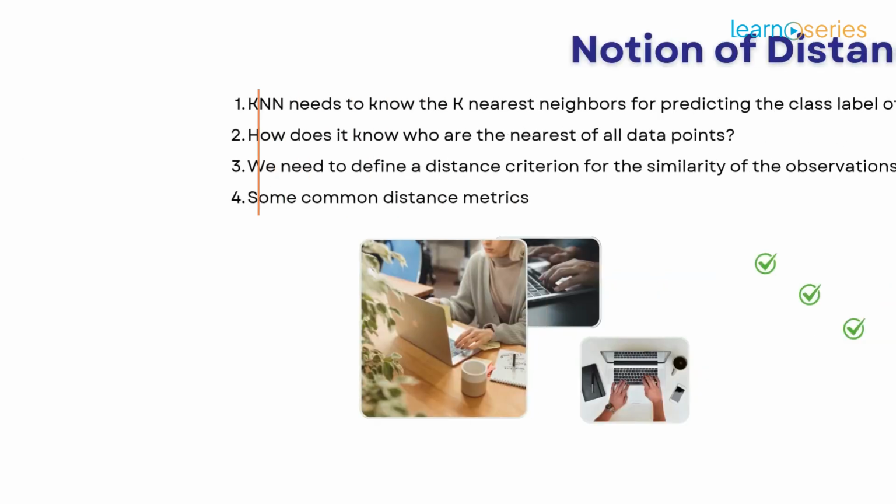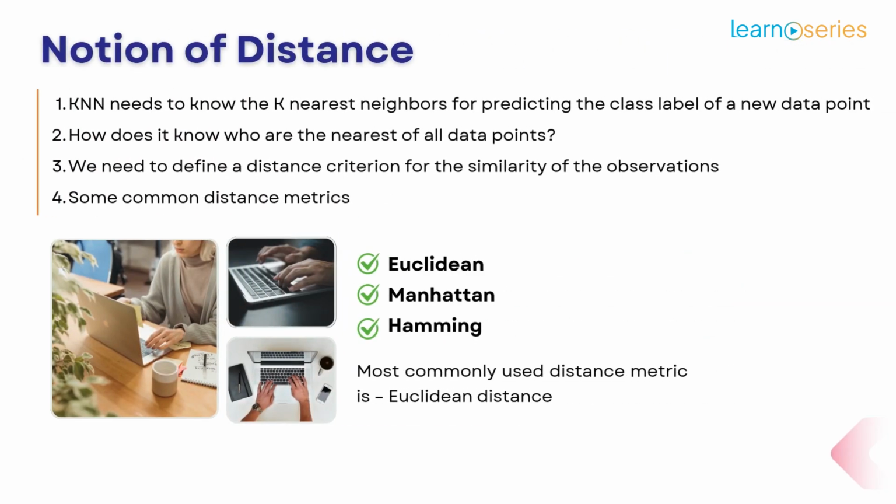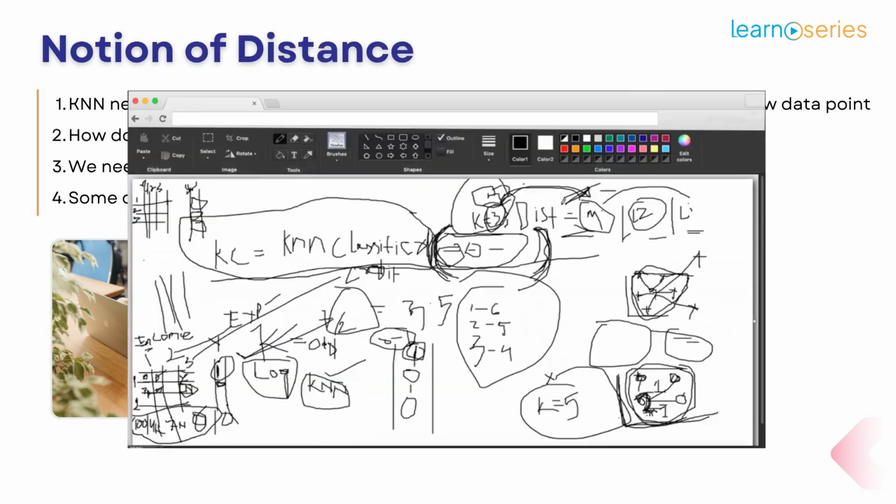Now come your questions, Zara. Like what distances are there, how can you identify? There are 3 distances we normally use. I told you, one is Manhattan, another one is L2, and the third one is Hamming.